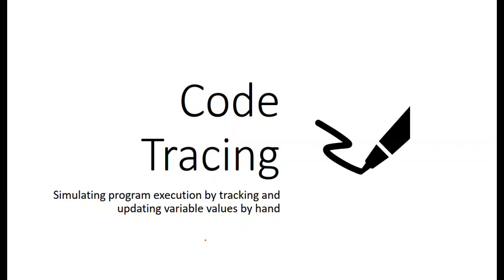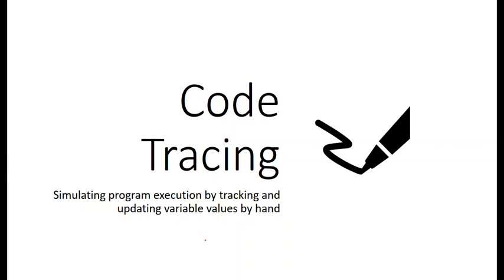Another way code tracing can be helpful is when we try to troubleshoot a broken program. So what we do in that case is that we write the different variables down and we start mentally executing the program until we get to the point where the program actually breaks.